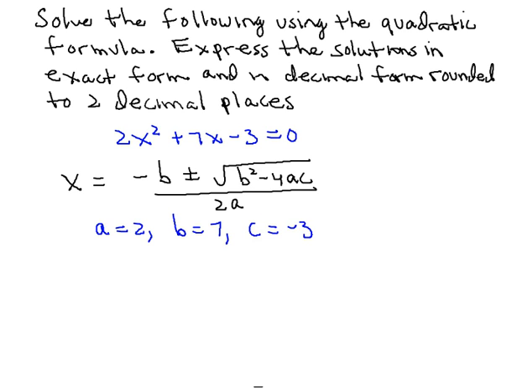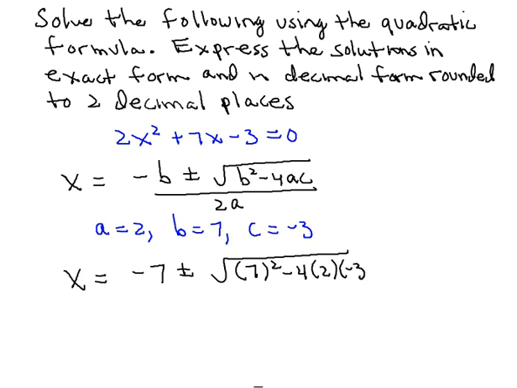So what we'll do now is substitute those values into the formula. We have x is equal to the opposite of b, which would be negative 7, plus or minus the square root of b squared, which is 7 squared, minus 4 times the a value of 2 times the c value of negative 3.